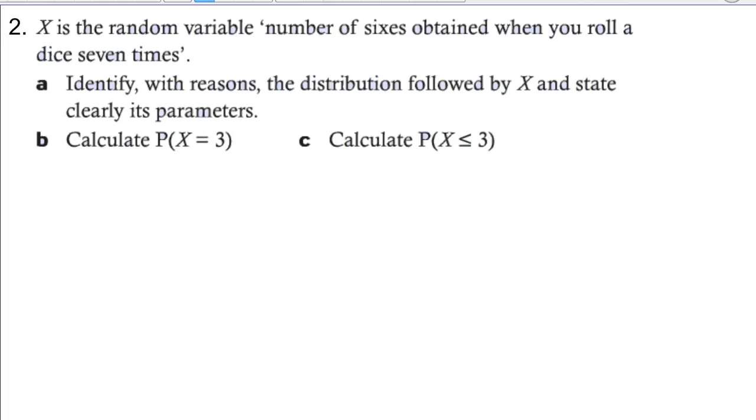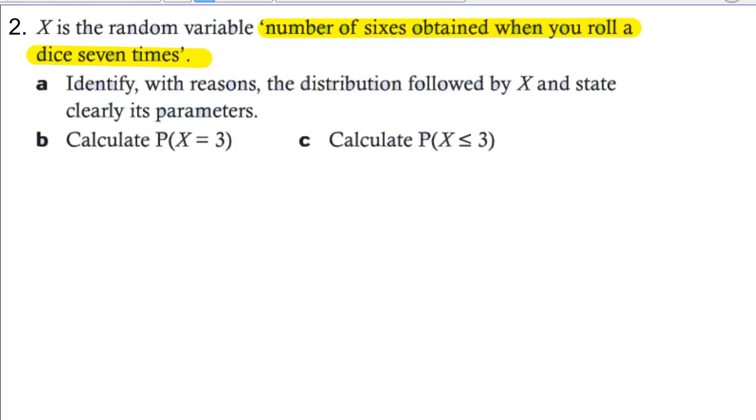Okay, number 2. x is the random variable, the number of successes obtained when you roll a die 7 times. So I'm just going to highlight that. Identify with reasons the distribution followed by x and state clearly its parameters.